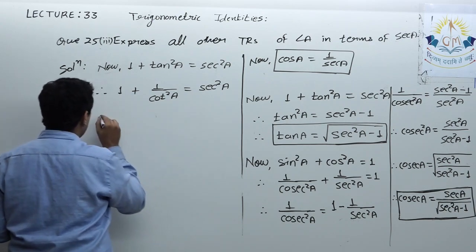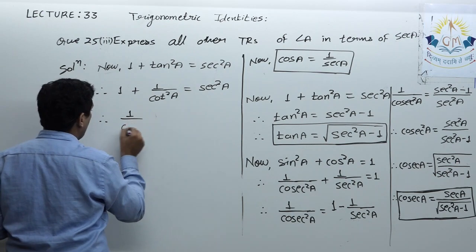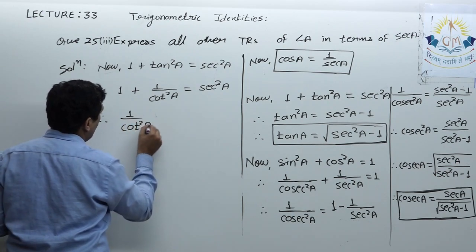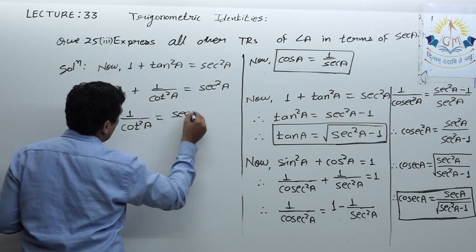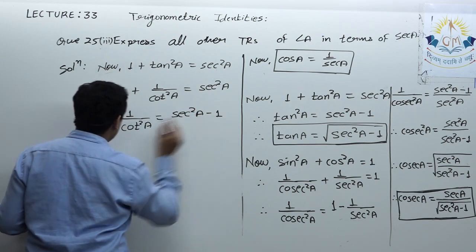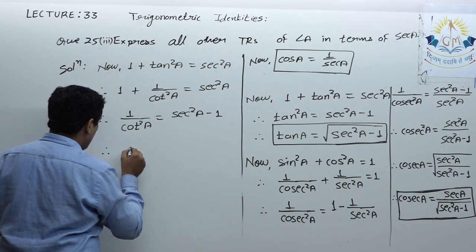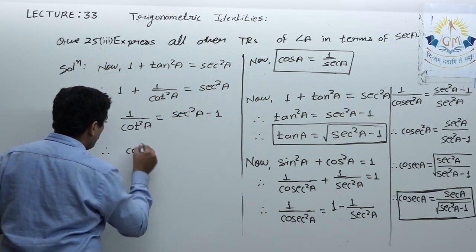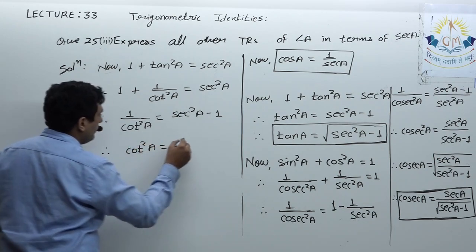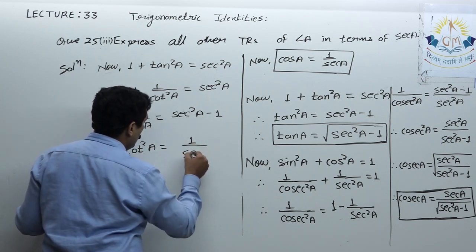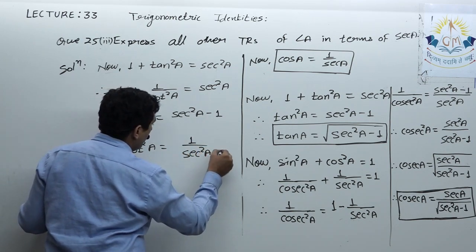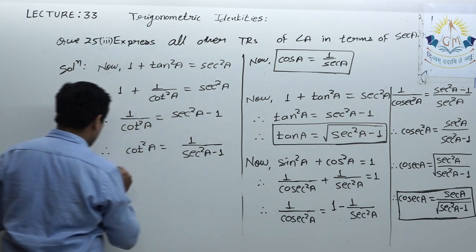No need to take LCM actually. I can write 1 upon cot square A is equal to sec square A minus 1, or if I reciprocate now, I will get cot square A is equal to 1 upon sec square A minus 1.